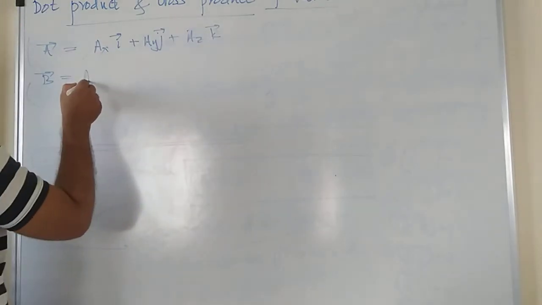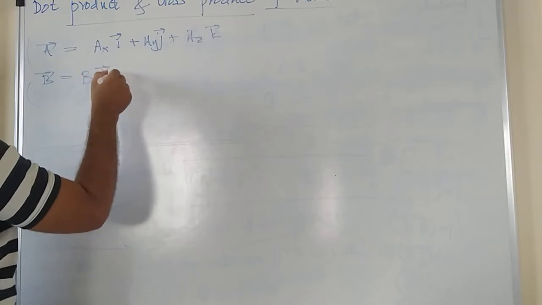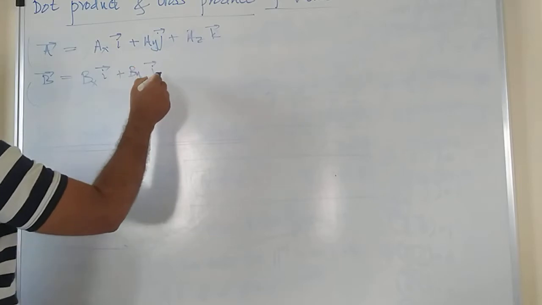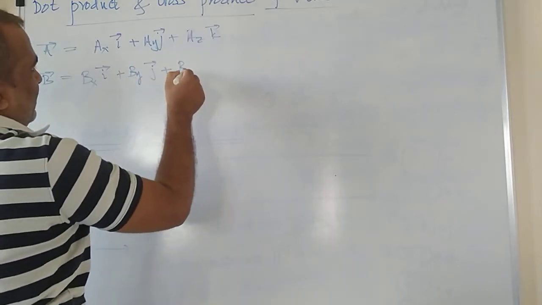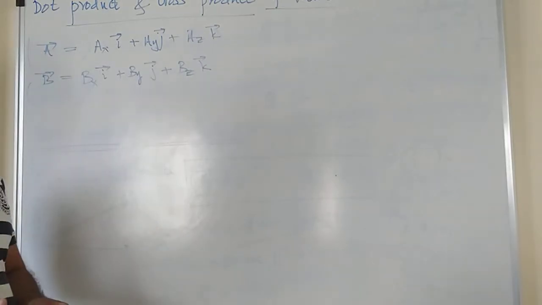Similarly, b bar is equal to bx I bar plus by j bar plus bz into k bar.